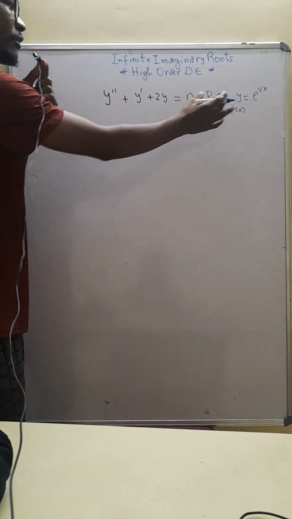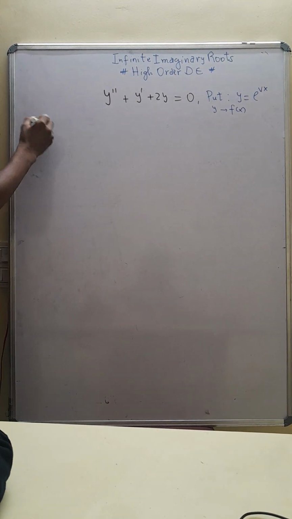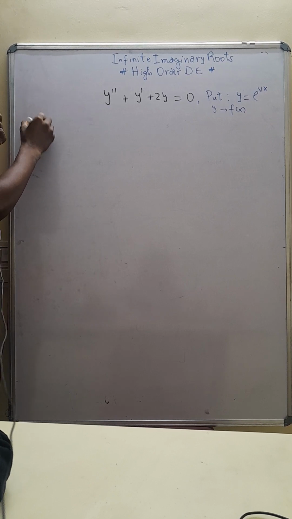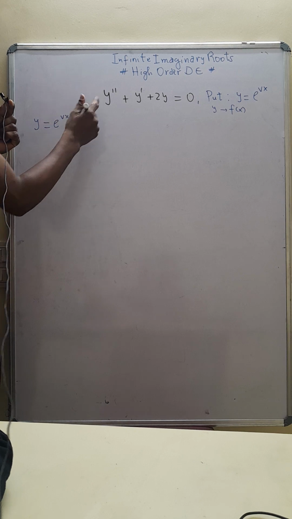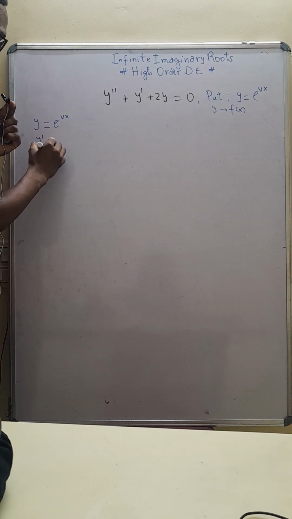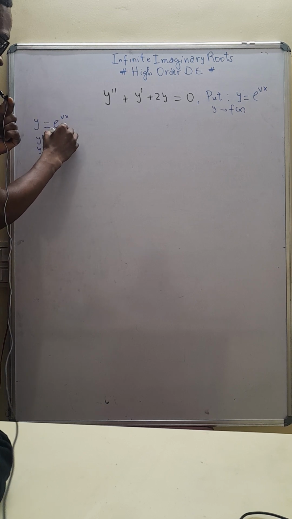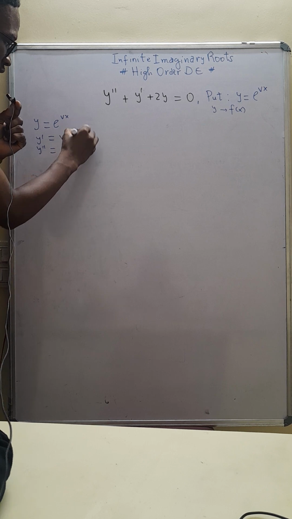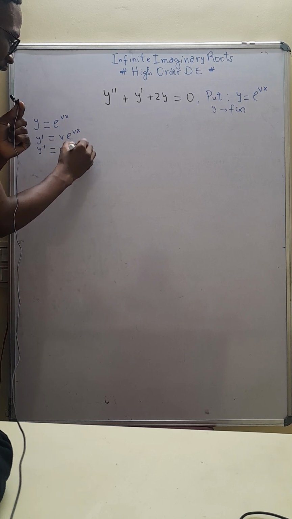So y is equal to Euler v x. Then we have to find y dash and y double dash. Y dash will be v Euler raised to v x. Y double dash is v squared Euler v x.